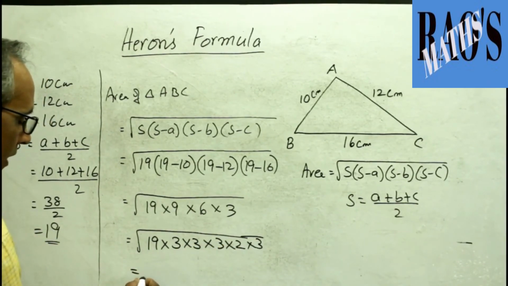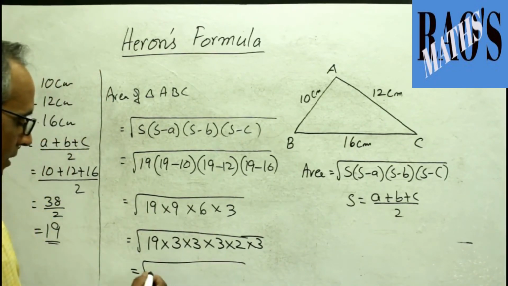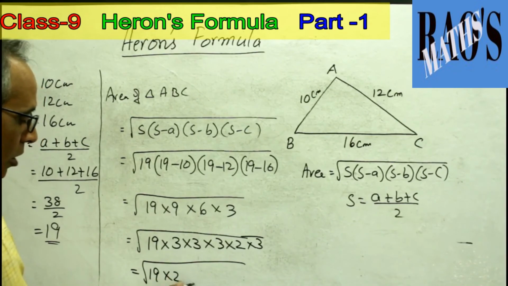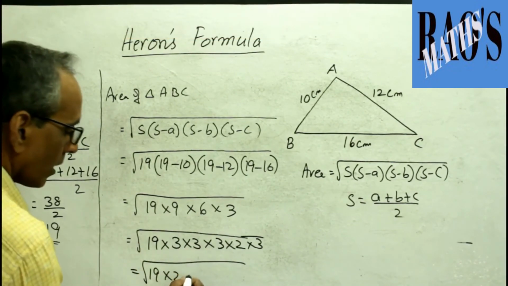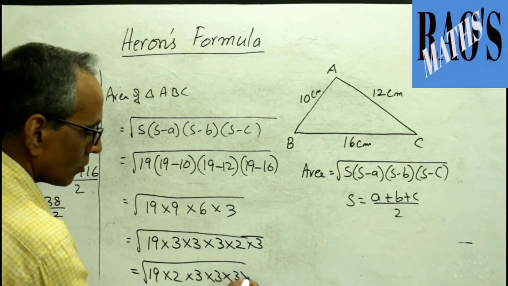Let me write the factors in whatever order is convenient. Since 19 and 2 are isolated factors, I write them as a group, and then 3 into 3 into 3 into 3.